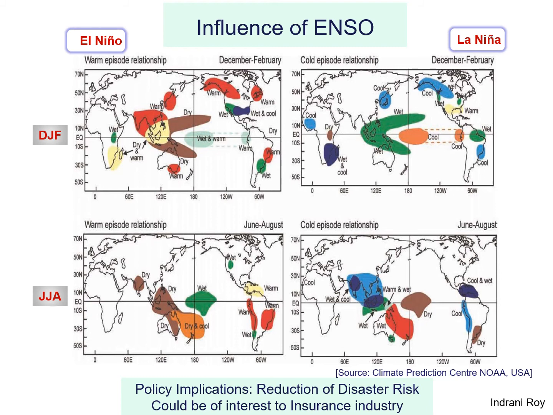The bottom plot is for June, July, August, shown by JJA. The right hand side is for La Nina and the left hand side for El Nino. From those plots it is clear that the same effect is not seen in winter and summer, and it is not opposite for El Nino from La Nina.